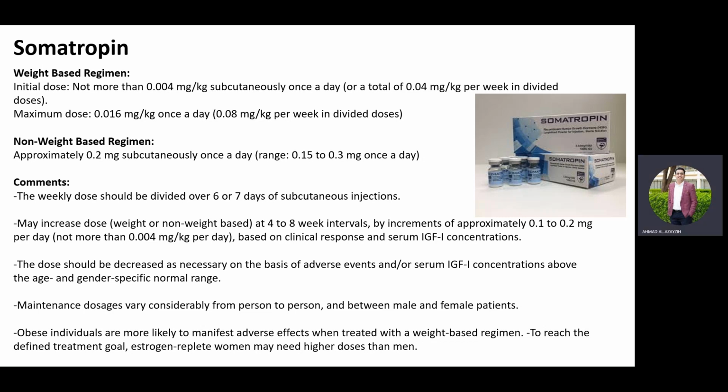You can increase the dose every 4 to 8 weeks, every 1 to 2 months, by 0.1 to 0.2 milligram per day. Okay, and this will depend on the clinical response and different measurements like serum IGF.